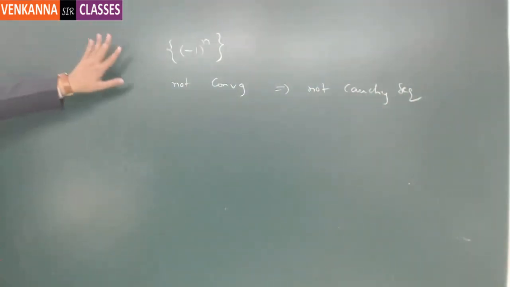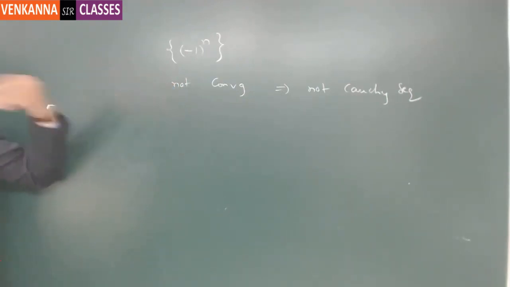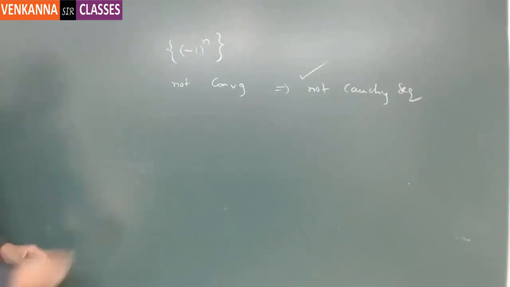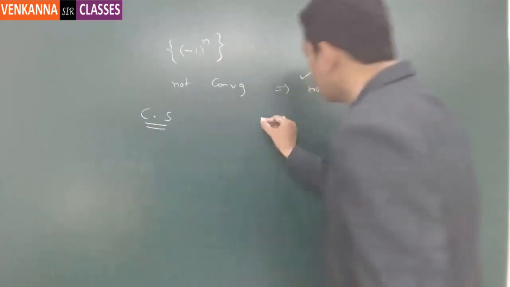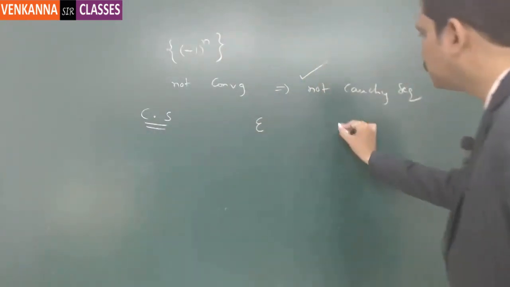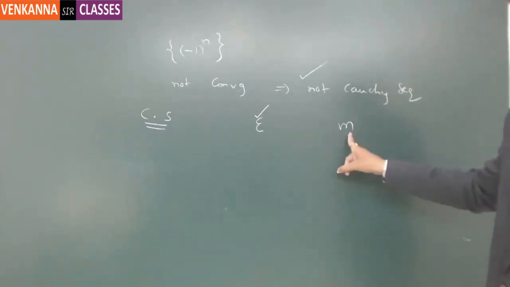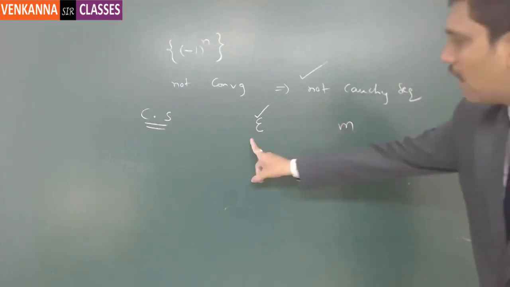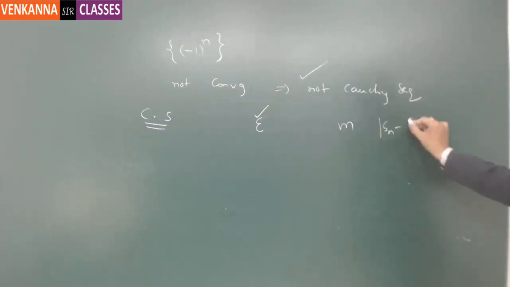Suppose I have given a sequence, you don't know anything about the convergence, whether it is convergent or not. You are just checking whether it is a Cauchy sequence or not. So please understand, if you are proving it is a Cauchy sequence, for every epsilon you should find m. I have epsilon 1, you should find the corresponding term number. I have taken epsilon equal to 1 by 2, you should find the term number, such that the difference is less than epsilon.